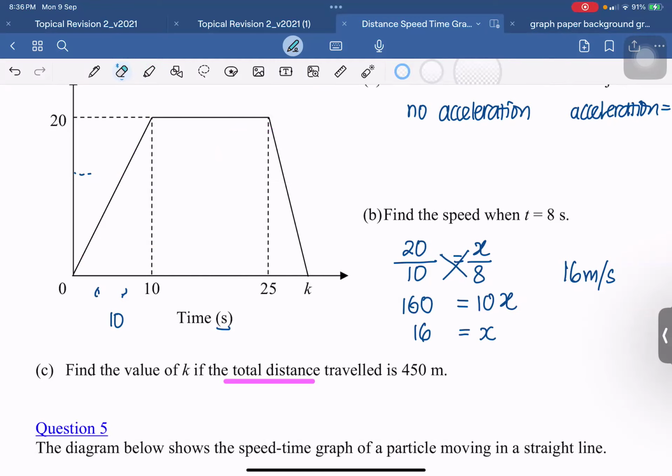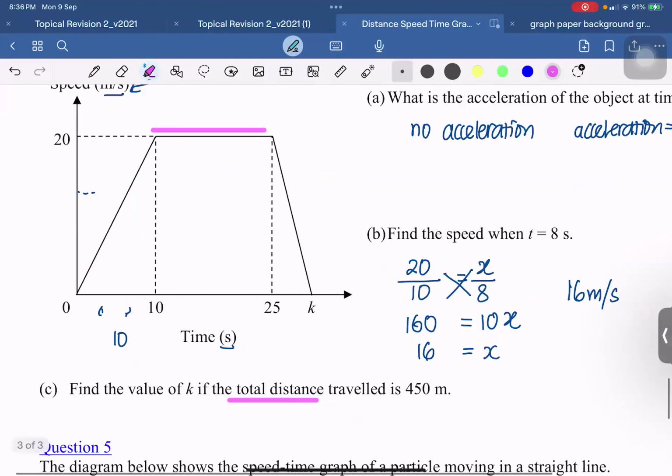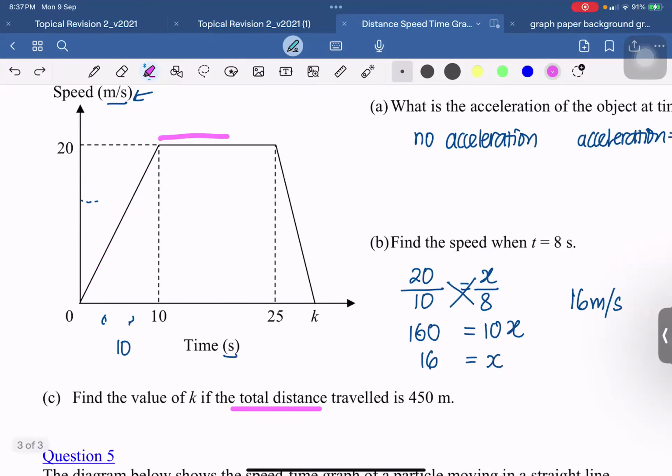Trapezium. Very good. Trapezium has two parallel sides. What is this length over here? From 10 to 25. 15. 10 to 25, 15.